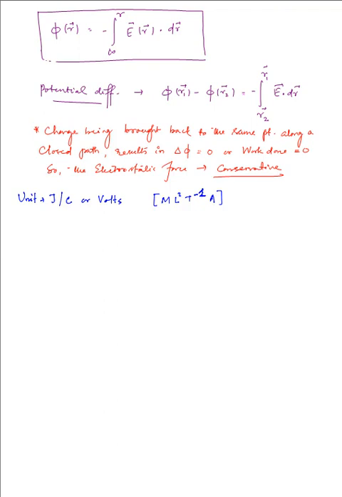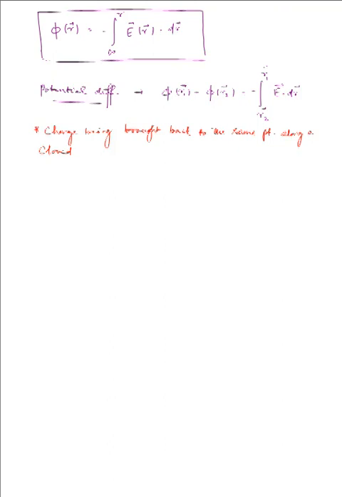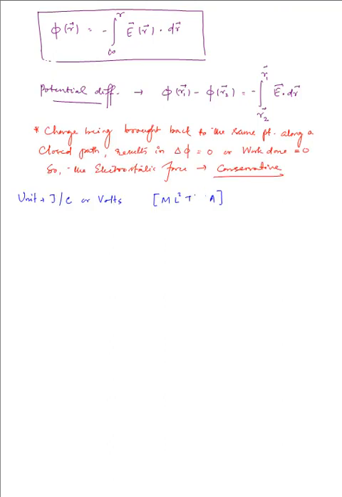So it will actually be minus 3 instead of minus 1 for the dimension of time, so that will be T^-3 and A^-1.